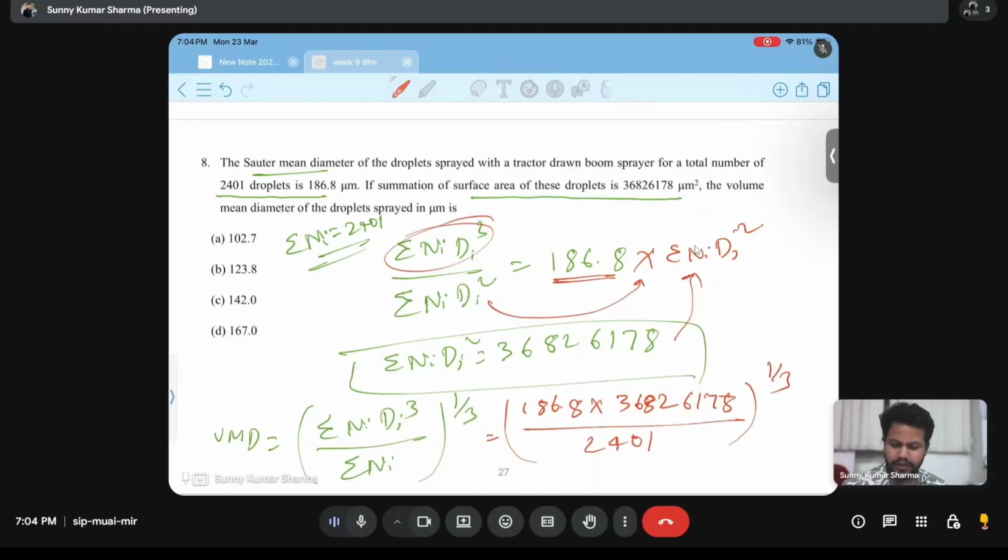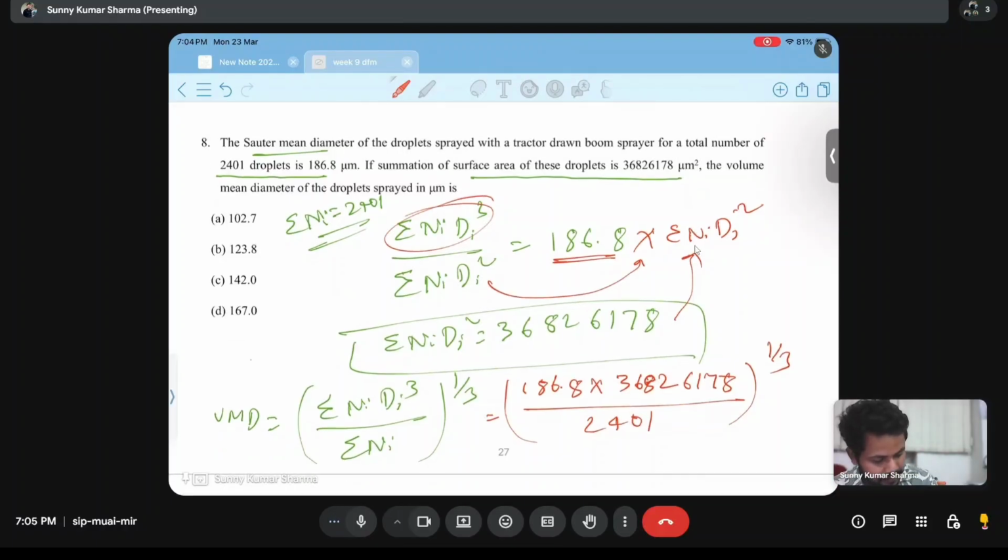It is coming, sir, C. 142.03, it is coming. Yes, 142. So C is the answer.